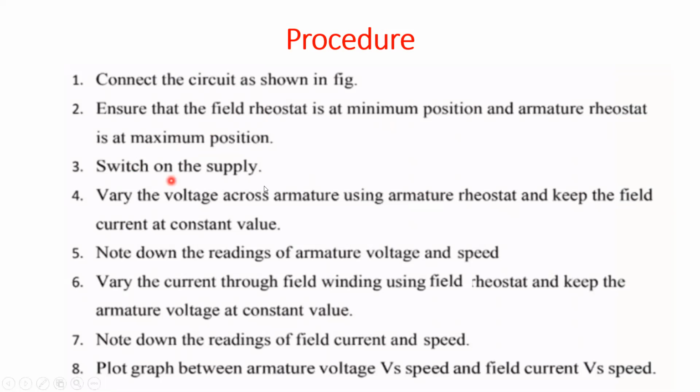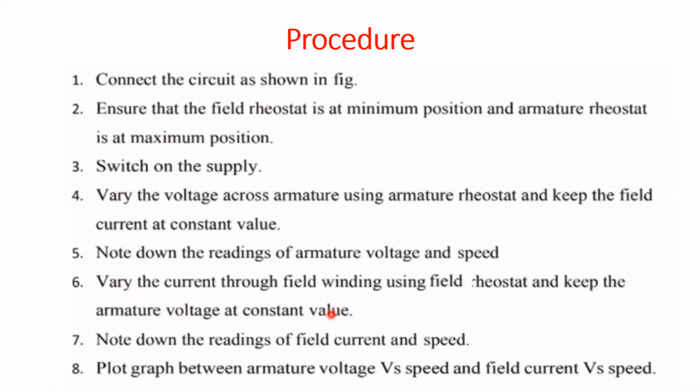Then switch on the supply, vary the voltage across the armature using the armature rheostat, and keep the field current at a constant value. Note down the readings of armature voltage and speed. So this half of the experiment is over. Then vary the current through the field winding using the field rheostat and keep the armature voltage constant. This is the second part, the field weakening method.